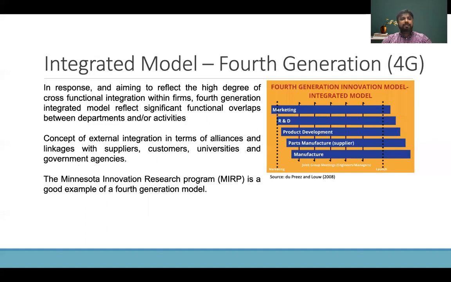Then comes the integrated model, or we call it the fourth generation model. The fourth generation model follows an integrated model for the business process, moving away from the sequential to the parallel process.